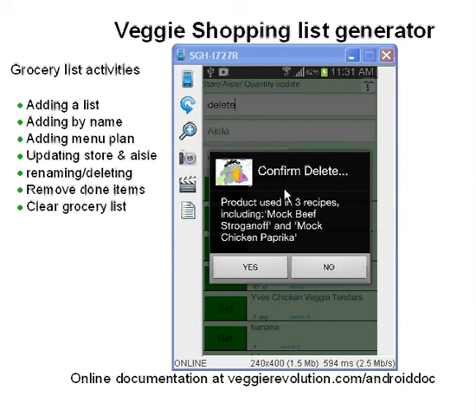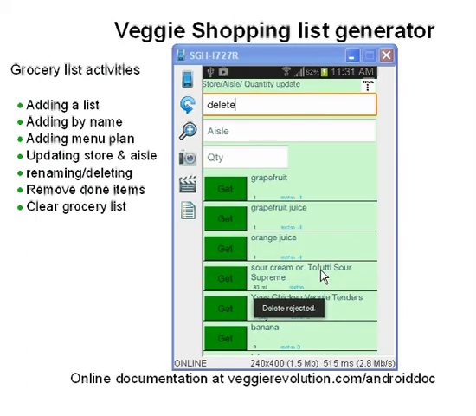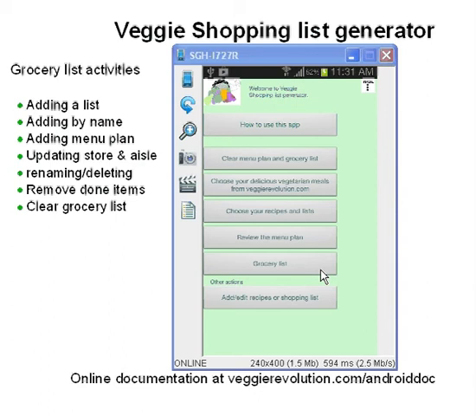It will tell me this ingredient is used in 3 recipes. Do you really want to delete it? And no, I don't want to delete it. If I say yes, then it will remove it from all of the recipes and remove it from the database altogether. If it's not in any recipe, it will just be removed automatically. So this is renaming and deleting.